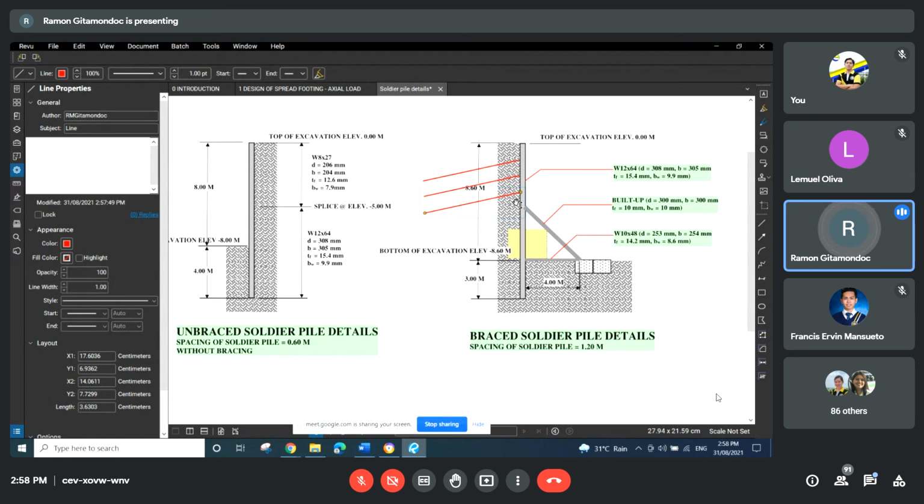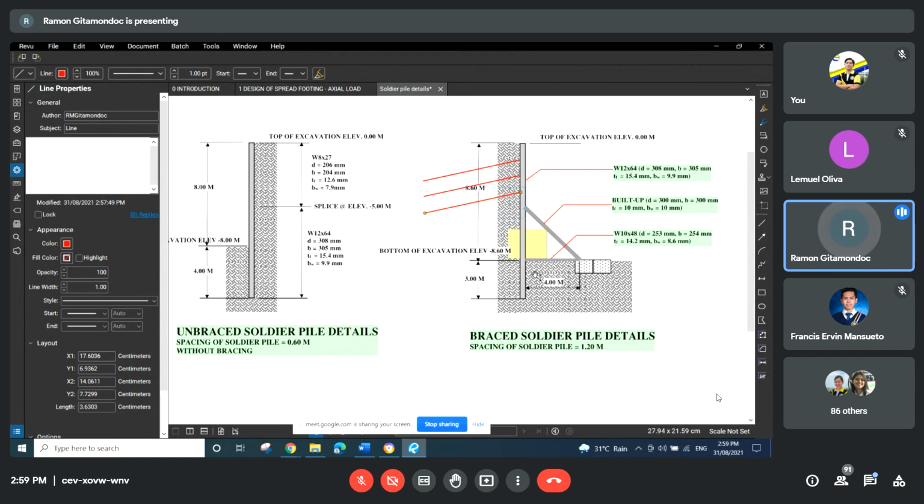And of course, the braced pile is more reliable compared to the cantilever pile, no? Although the bracing will create some obstruction in the working space, so this has to be coordinated with the structural plan of the building.